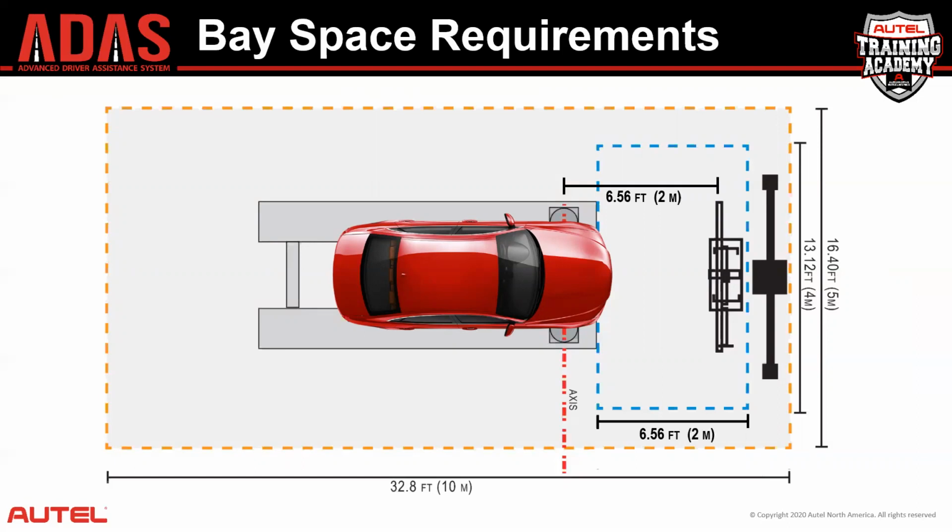Our standard calibration frame does have a built-in calculator where you input the height of the alignment lift, and it will compensate by increasing the target height to ensure the calibration target and the vehicle are on exactly the same plane, ensuring an accurate calibration.